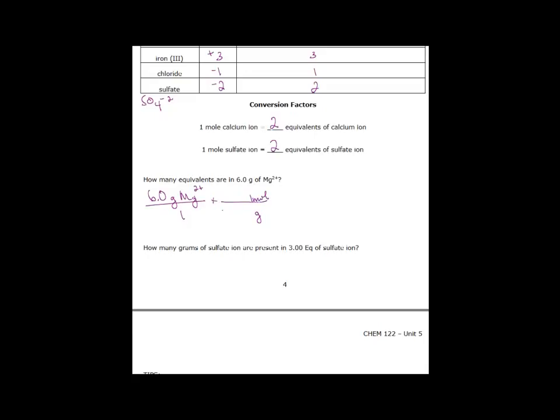The molar mass is 24.31 grams per 1 mole of magnesium. So now I've gotten it to moles of magnesium. For moles of magnesium, I can get 2 equivalents. So in 1 mole of magnesium, I have 2 equivalents. So 6 times 2 divided by 24.31, end up with 2 sig figs. You get 0.49 equivalents of magnesium ion.